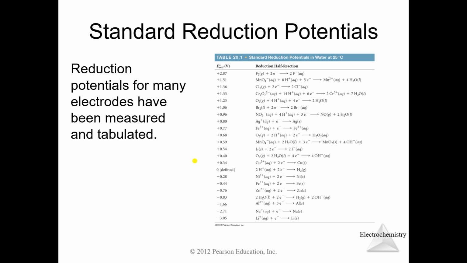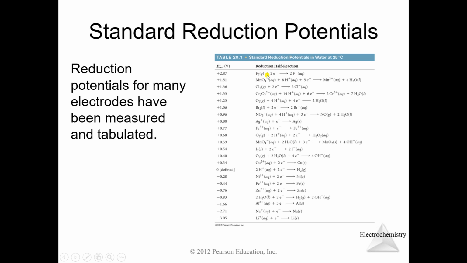So if I were talking about, for example, the first one, and we talked about this again a little bit in class today, if I were to talk about F2 in its free state and adding to it 2 electrons, I'm going to get 2 fluoride ions.